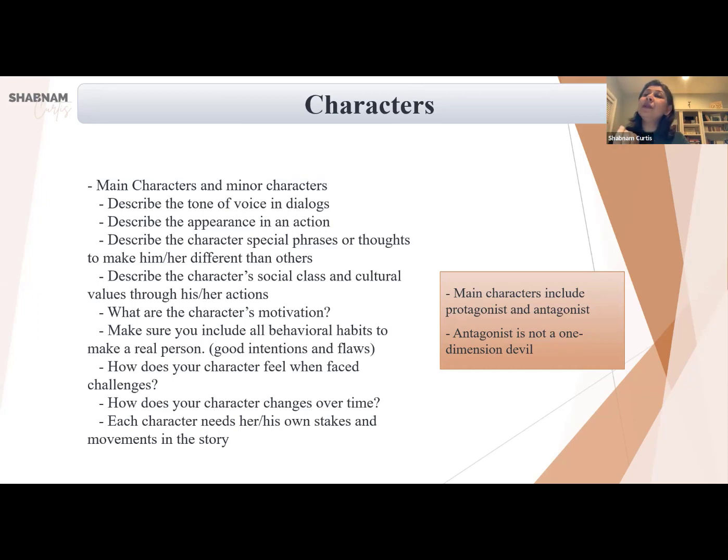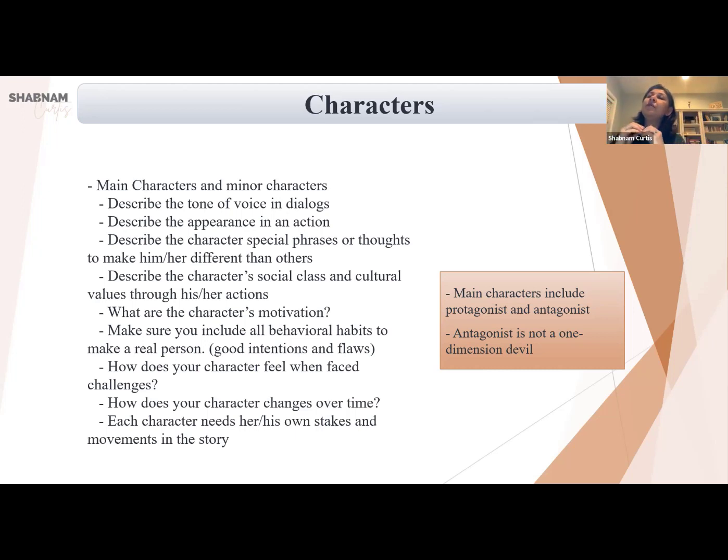Now, it's very important that you also give an image to a character. So not directly saying she had blonde hair or she had wavy hair, but when you are describing an event, you can say that the wind was blowing through her baby hair, or she was passing this short door, and because she was very tall, she had to bend.